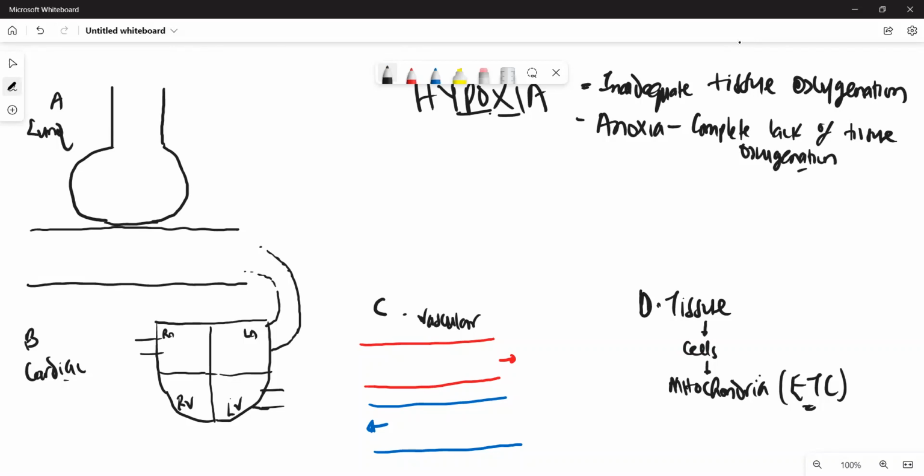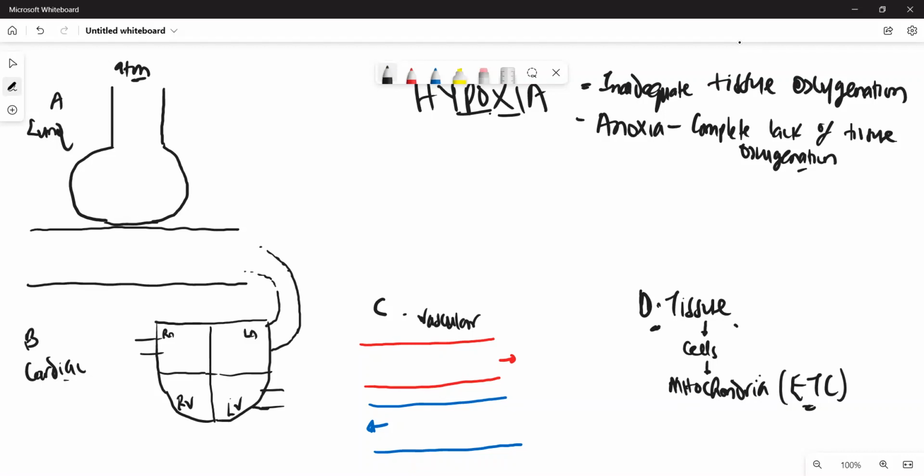And before we go into the causes of hypoxia, let's look at how we can get oxygen from the atmosphere to the tissue, right? So from point A to D. Starting from the atmosphere, like we mentioned in the previous lecture, oxygen moves based on pressure gradients.